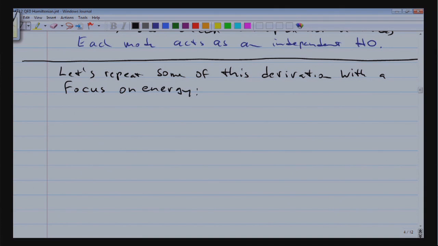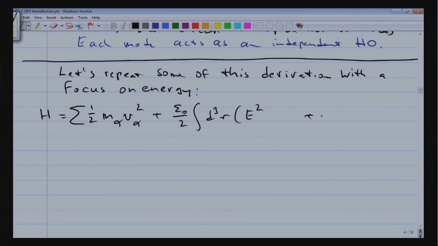So if you write down energy for our systems of atoms, photons, and Coulomb fields, we have particles alpha with mass m alpha and velocity v alpha. This is our kinetic energy. And then we use the well-known expression for the electromagnetic field, which is the spatial integral over E square plus B square.